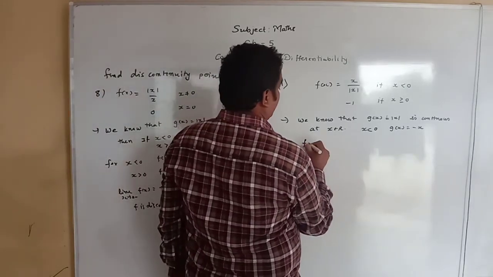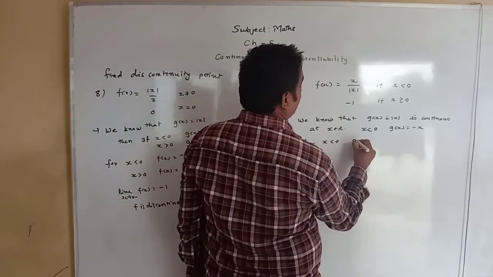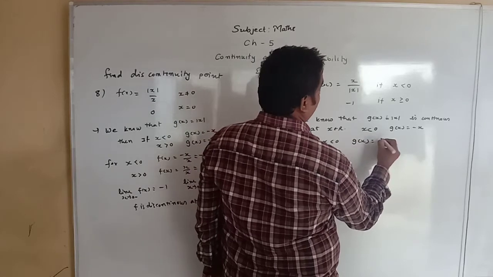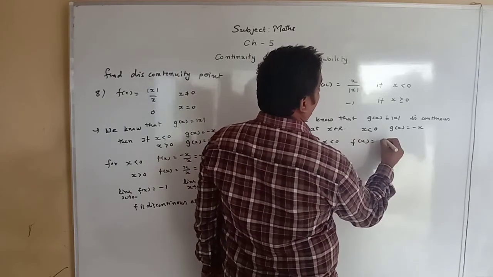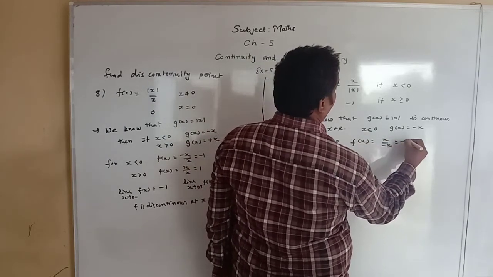So for x less than 0, f(x) = x/-x, which is -1.